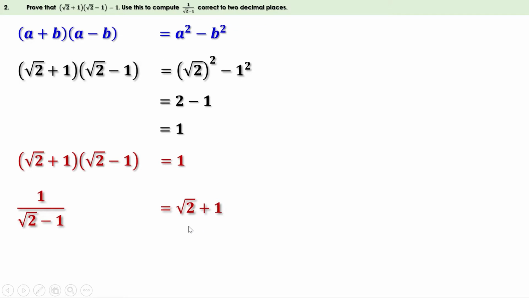Now to get the approximate value, we can give the approximate value of root 2. Here we need correct to 2 decimal places. So let us give the value of root 2 as 1.41. So this can be written as 1.41 plus 1 and that is equal to 2.41. That means the value of 1 by root 2 minus 1 is approximately equal to 2.41.